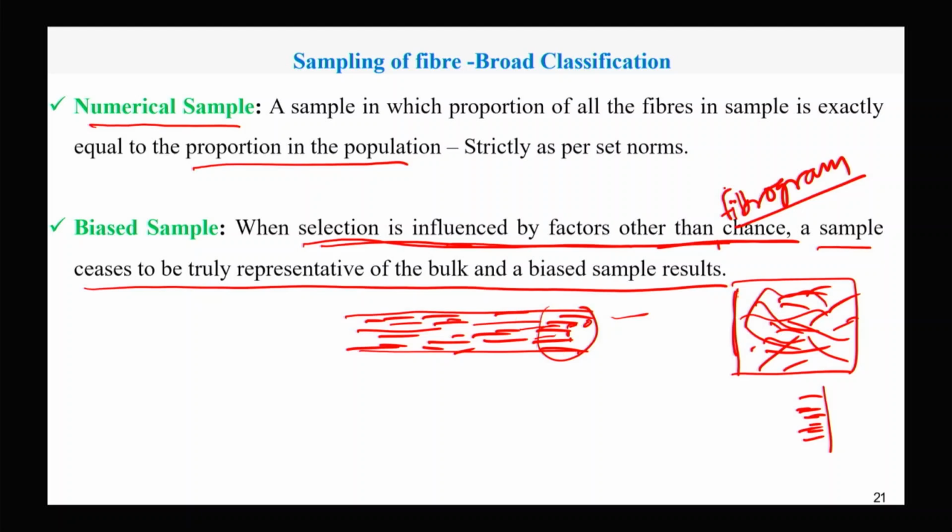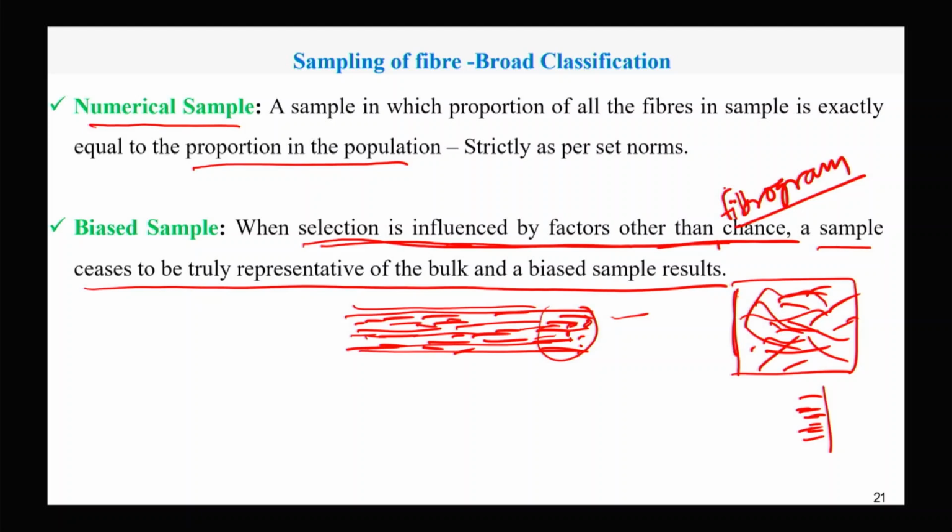And if we assume that in a normal sliver, the fibers are distributed randomly along the sliver, irrespective of the length, then if we pick the tip of the fibers at the edge, the chances of selection of short fibers and long fibers are the same.